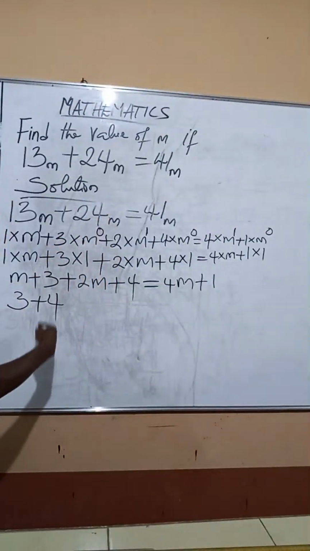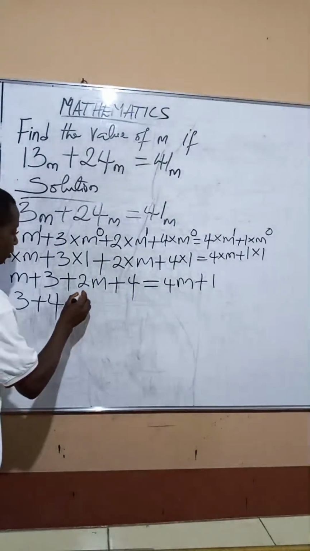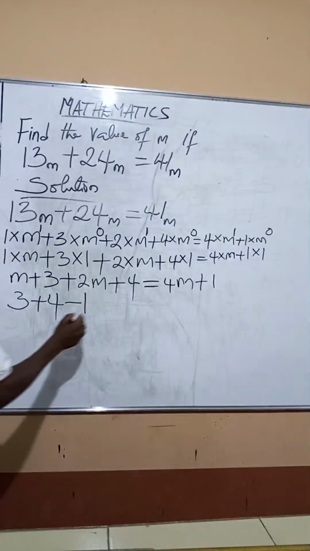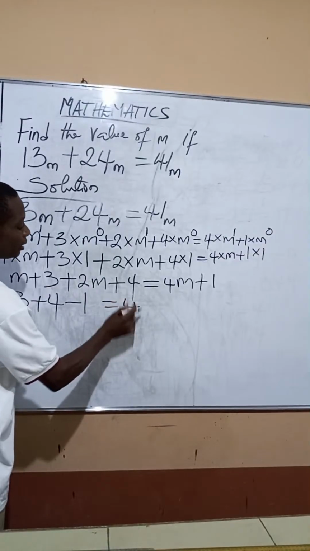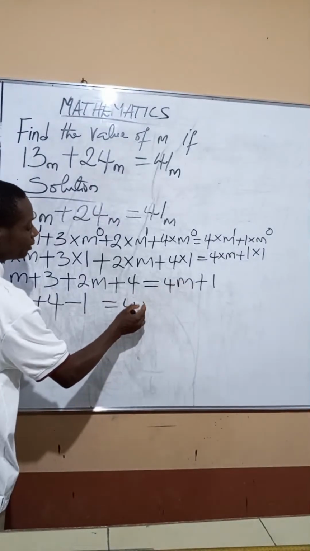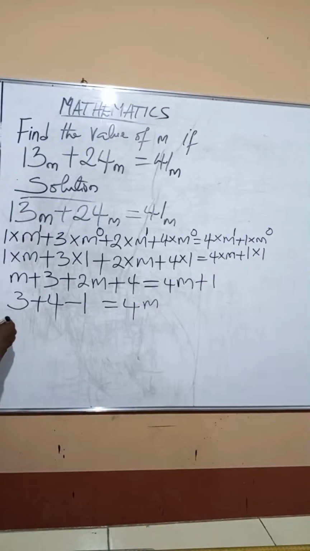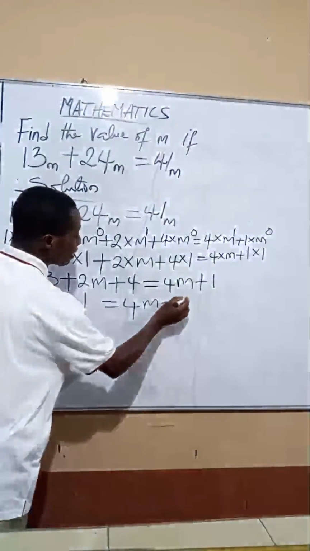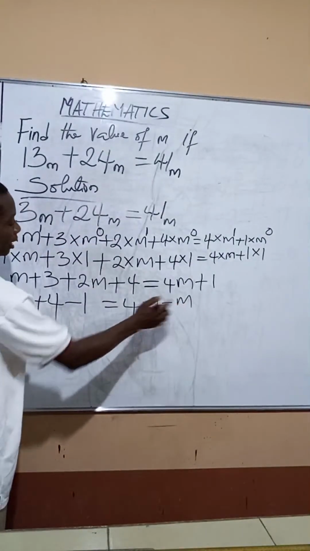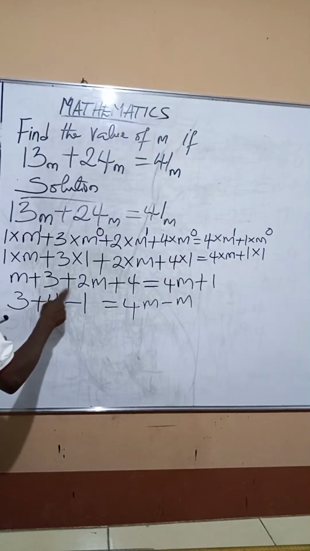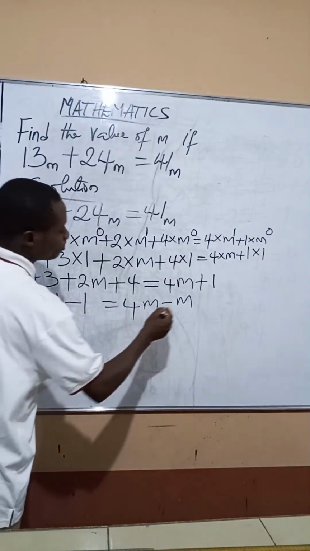Bring it to the left hand side. Becomes minus 1. Then equals to, we are left with 4m at the right hand side. So leave it there. Then we have m here. Bring it. Remember, m means 1m. So when it's crossing, changes to minus 1m. Then plus 2m becomes minus 2m.